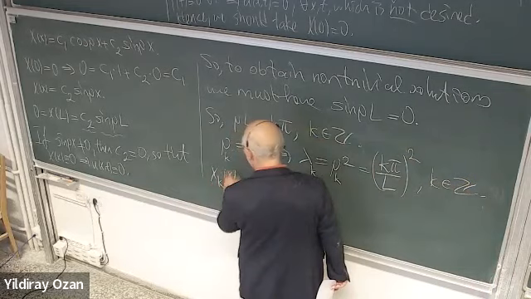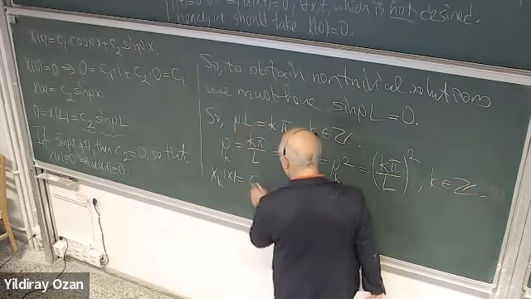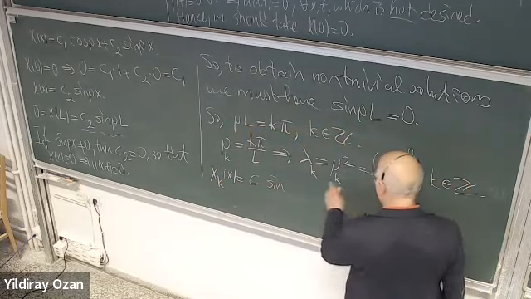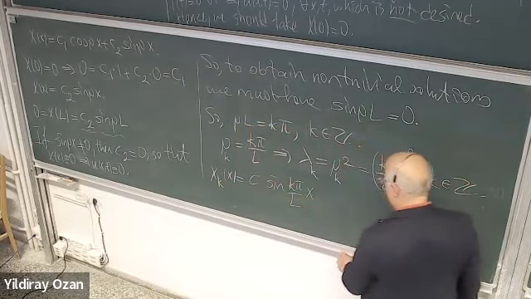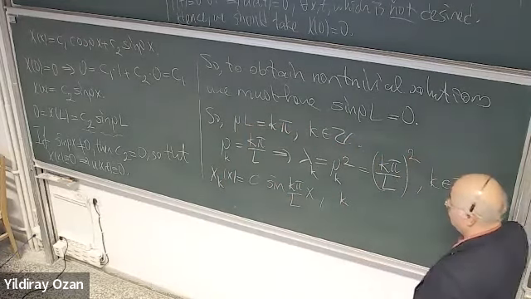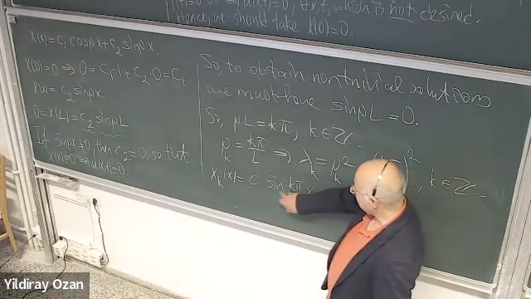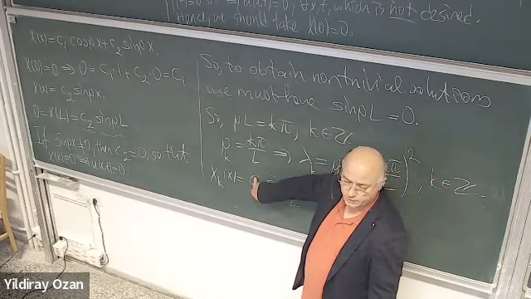X k of x is just some number times sine of k pi over L x. And as I said, if you choose negative integers, the minus sign just goes out, but I will put a constant in front of this already.